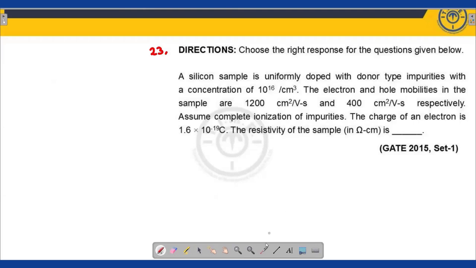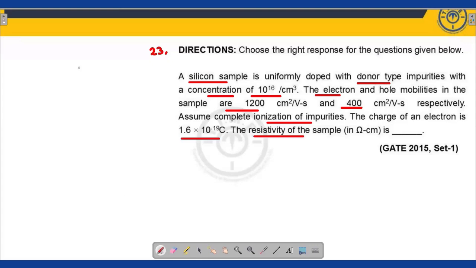In this question, a silicon sample is uniformly doped with donor type of impurities, which means it is an N-type semiconductor of this concentration. The electron and hole mobilities of the sample are 1200 and 400 respectively. Complete ionization of impurities. The charge of the electron is this one. The resistivity of the sample is how much, my dear friends?